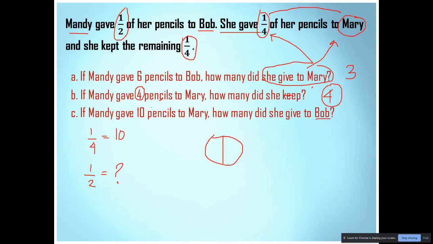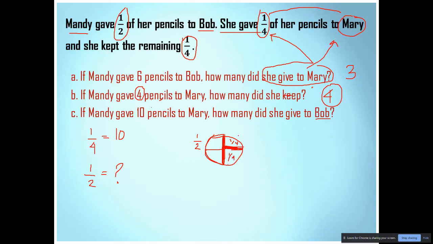Just look at this figure here. This is 1 whole. This part over here is 1/2. If you divide 1/2 into 2 parts, this will be 1/4 and 1/4.